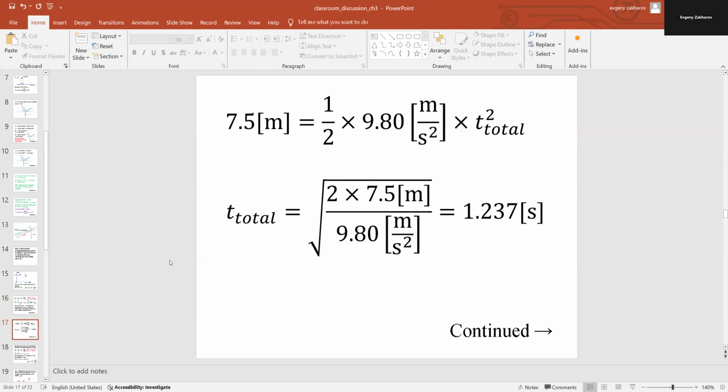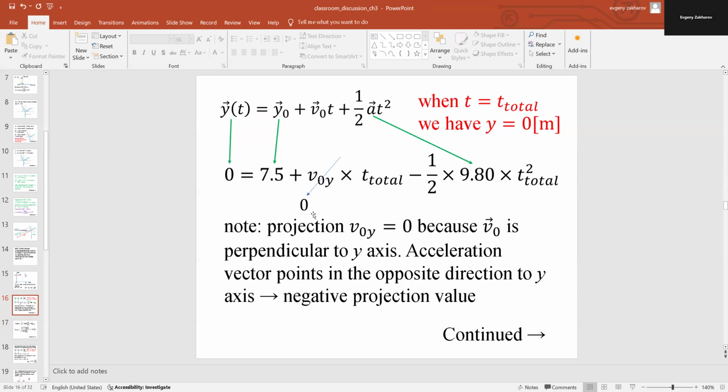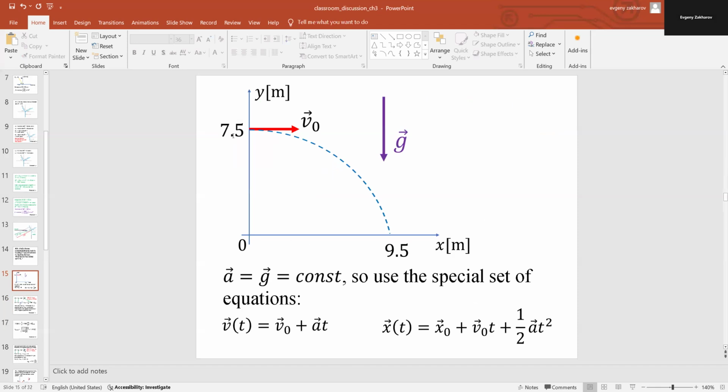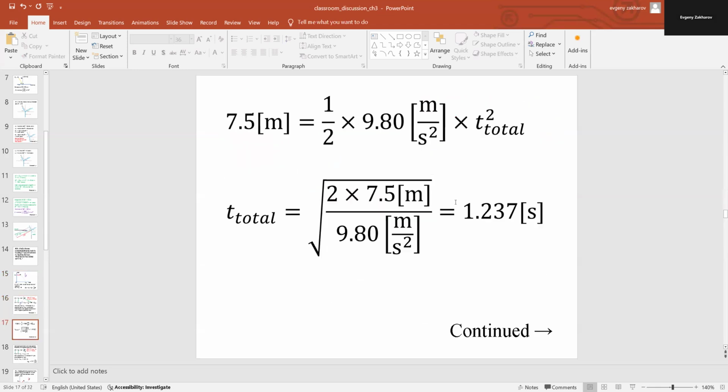Yeah, so I'm actually solving the equation and get 1.237 seconds. Well, imagine 7.5 meters, that's like 20 feet. And you throw something and you count 1 Mississippi, 2 Mississippi, and boom, it is already on the ground, right? So 1.237 is something that you probably expect from such a free fall.